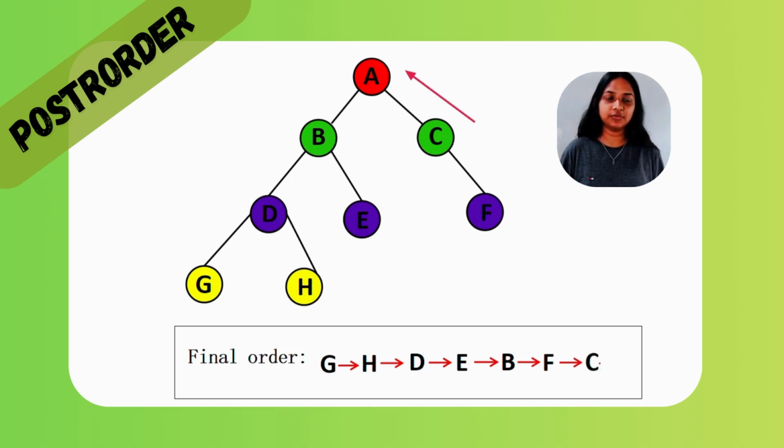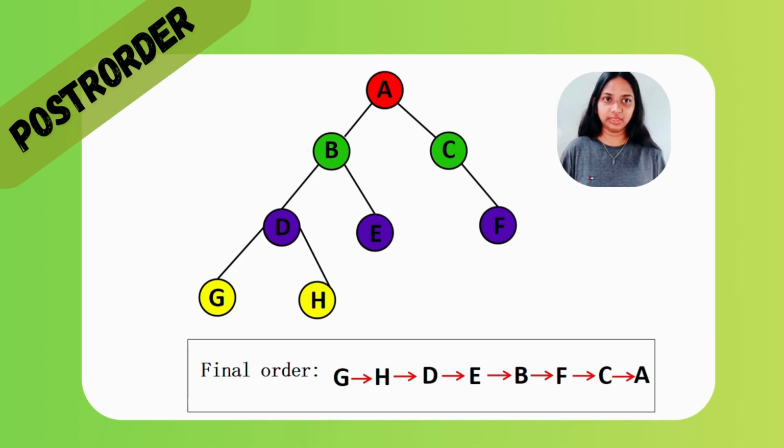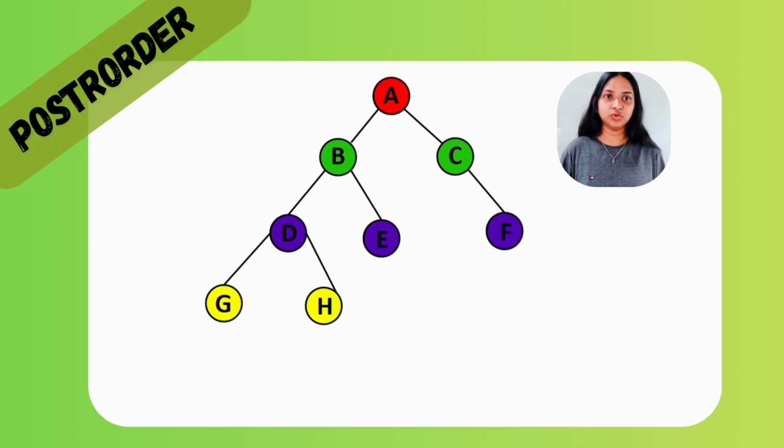Now we visit the very top root A at the very end. Final order is G, H, D, E, B, F, C, A. In post-order, the main root of the entire tree will always be the very last letter in your list.